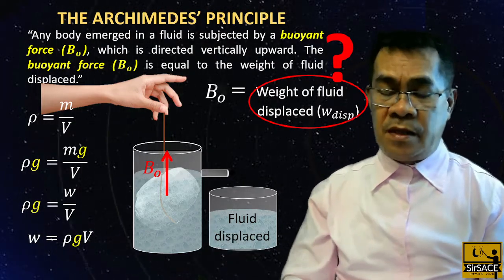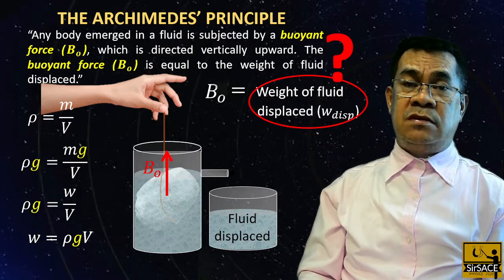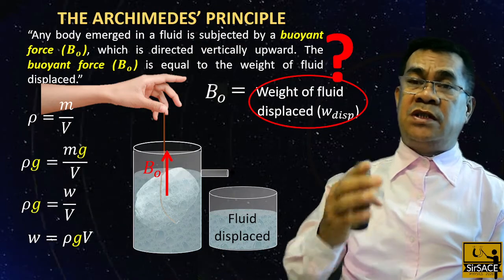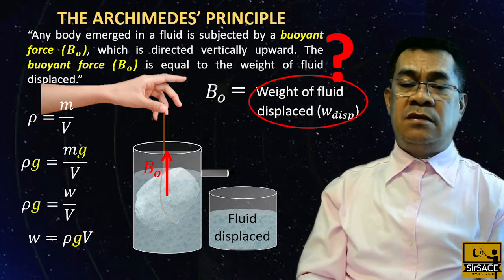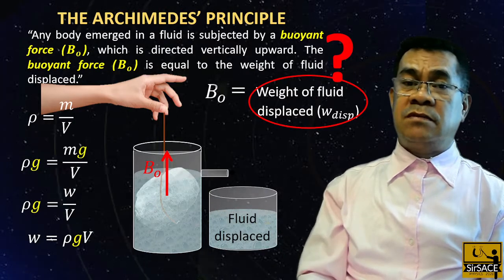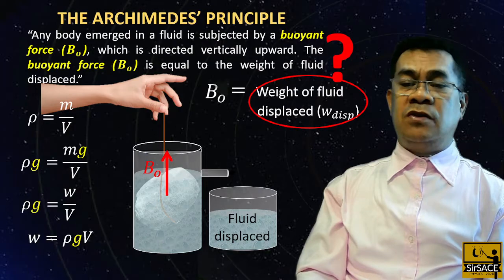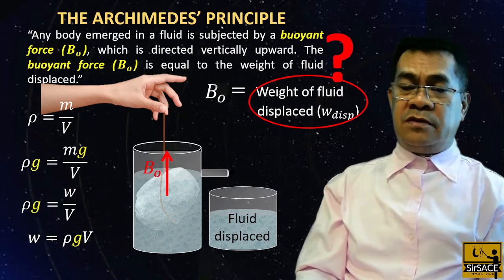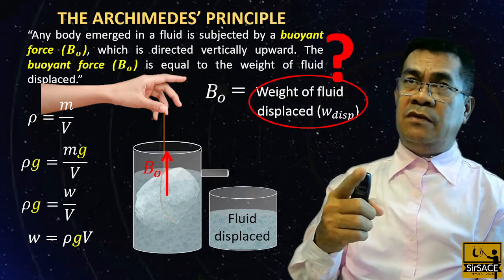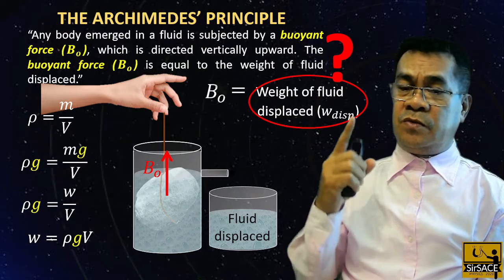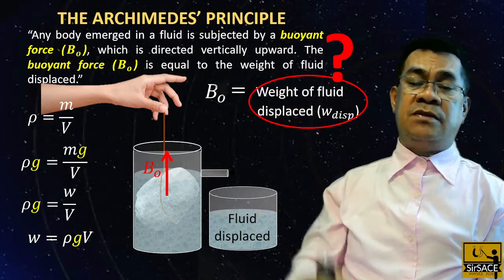For example, I want to know what is the weight of the water, for example, 0.5 cubic meter of water. What must be the weight of that? How many newtons are there? Okay, so all you need to do is to calculate using that formula, rho g V. Rho is the density of water, and the density of water is 1000 kilogram per cubic meter, as we learned in our previous video.